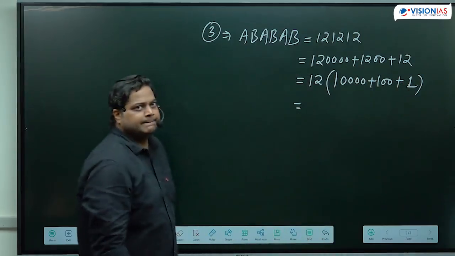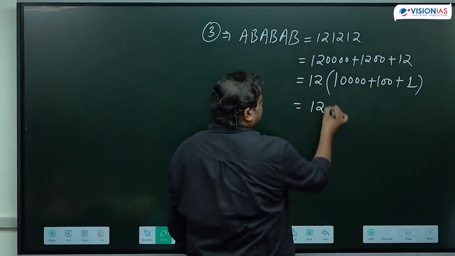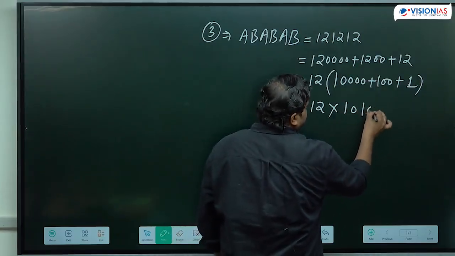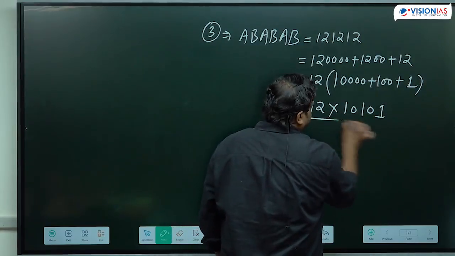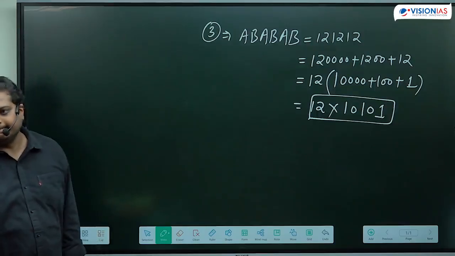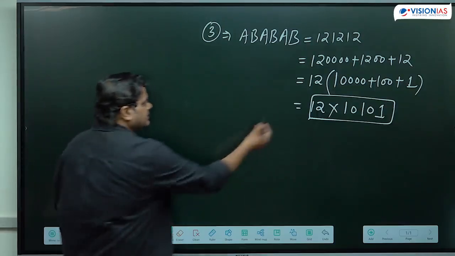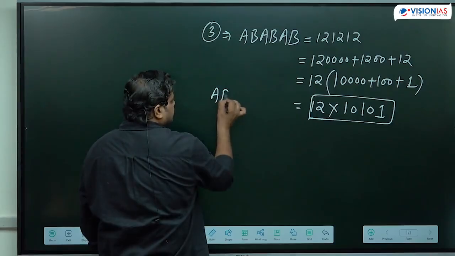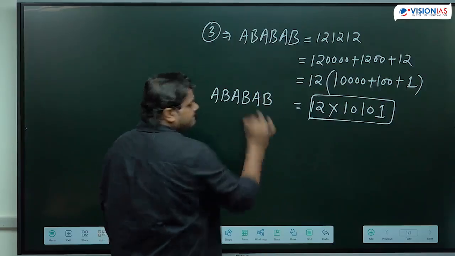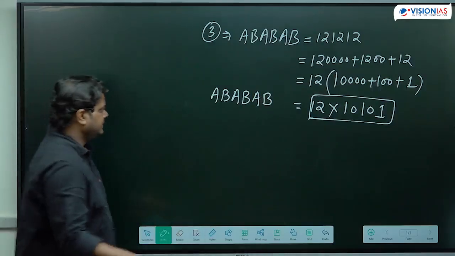What we are getting here? 12 into 10101. यही आ रहा है. That means this is form AB AB AB, है ना?